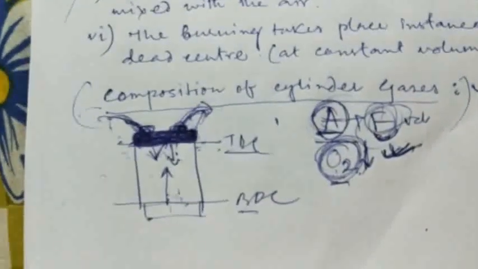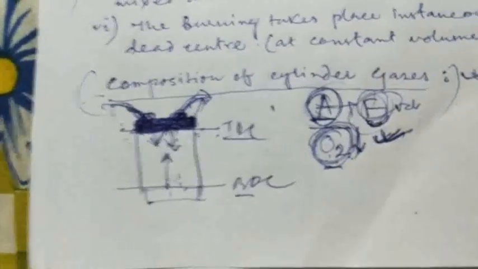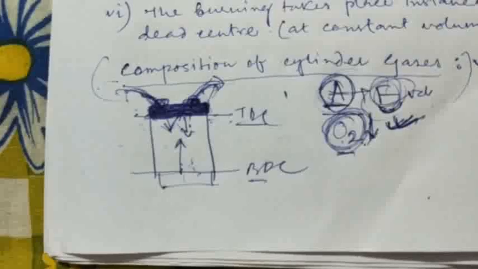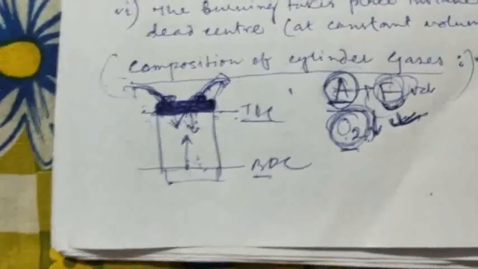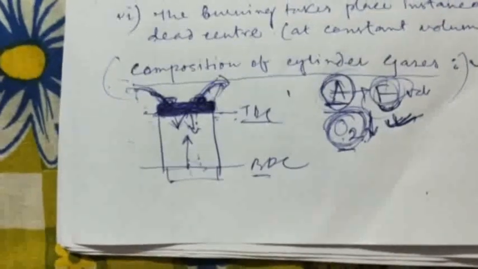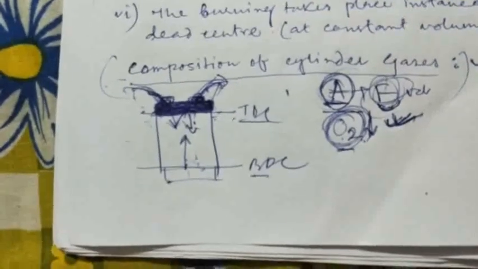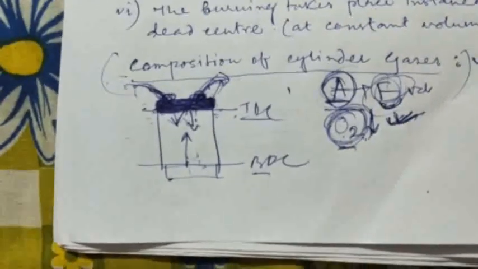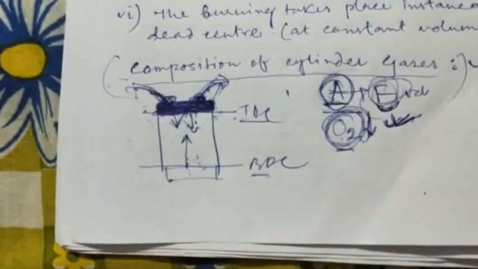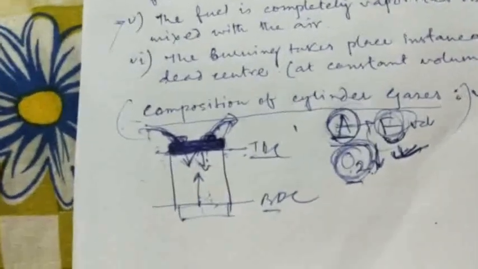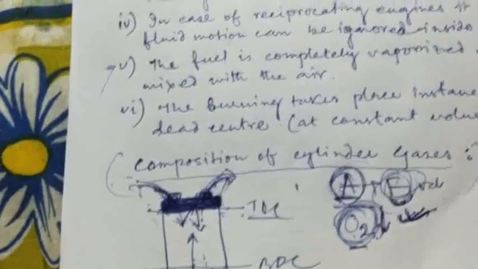When it is just running, we will send a lean mixture, because in no load condition there is no need of sending much more fuel, because the work output needed is very less. We need to just run the engine, and for full load condition we will generally send the stoichiometric mixture.